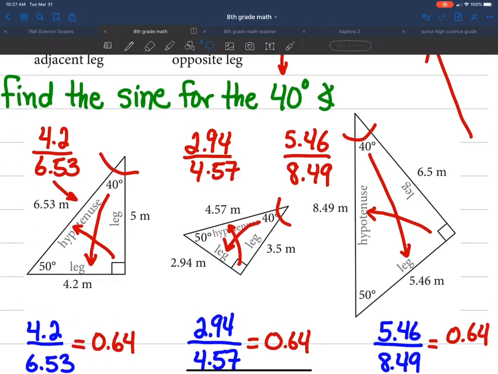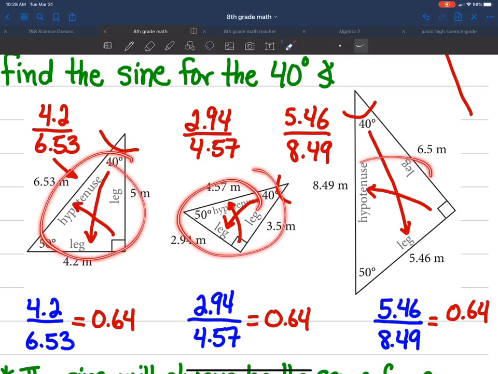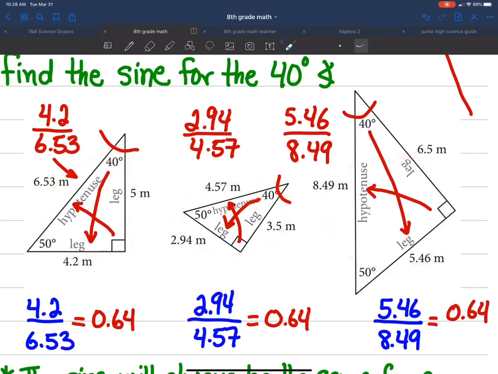Once we do that, you will find that the answer for each one should be 0.64. 0.64 is the sine for each one of these right triangles. That's easy enough. That means each one of these triangles is similar to the others.